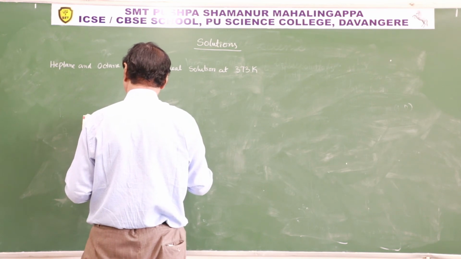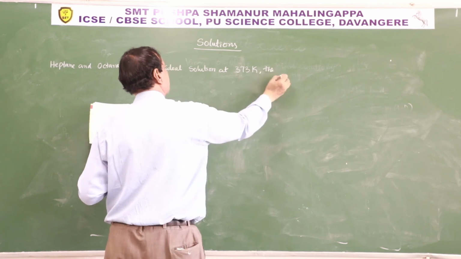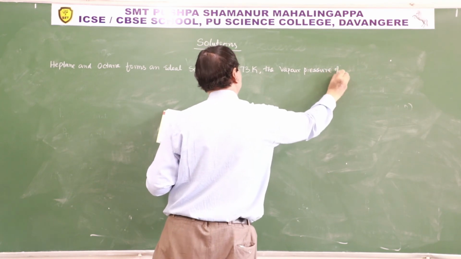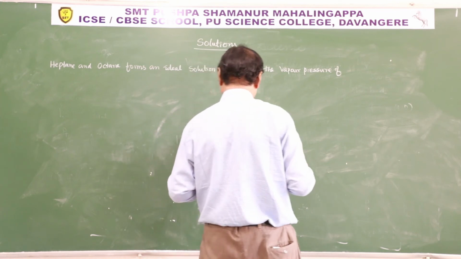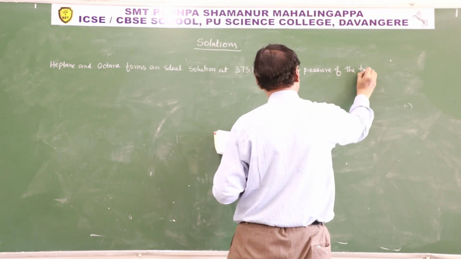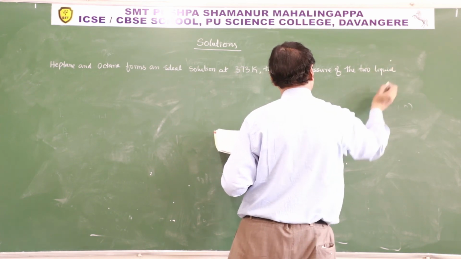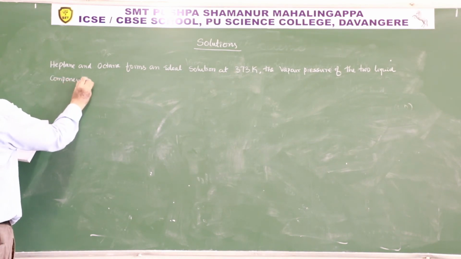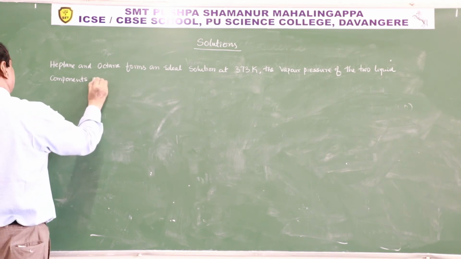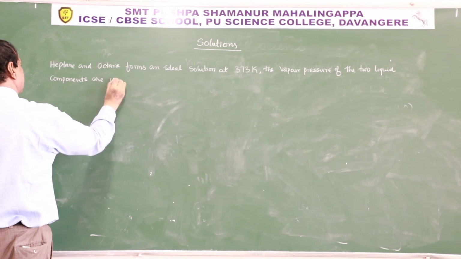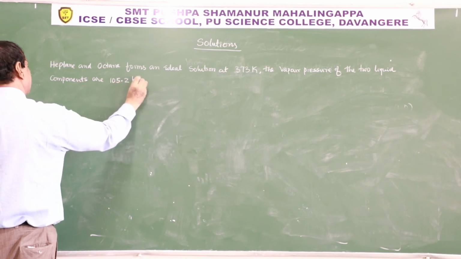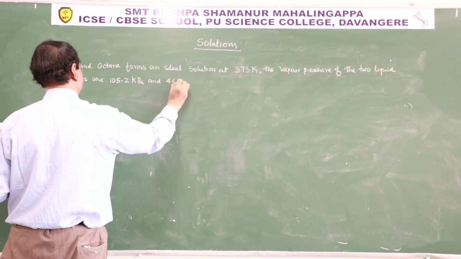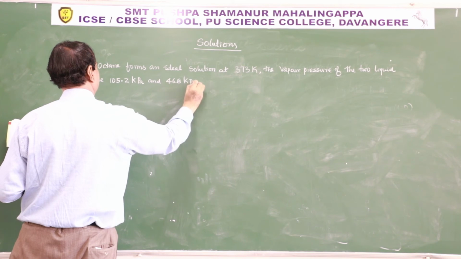The vapor pressures of the two liquid components are 105.2 kilopascal and 46.8 kilopascal respectively.